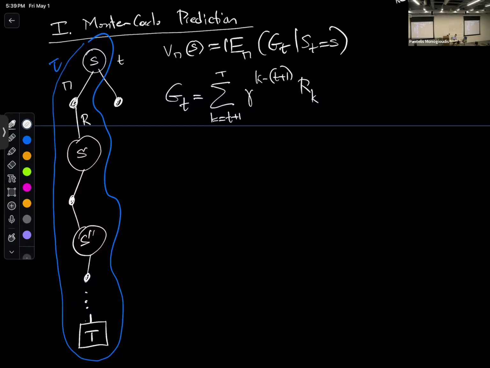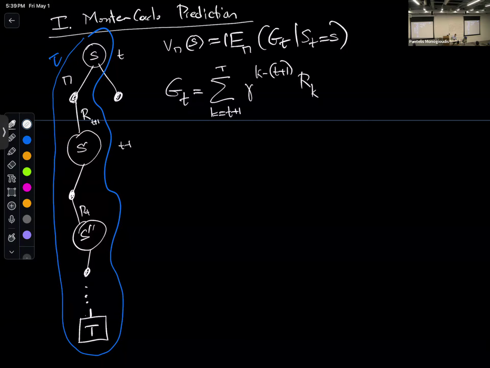This is T, and this is T plus 1. This is basically RT plus 1, then we have RT plus 2, and so on. No surprises with respect to this summation.